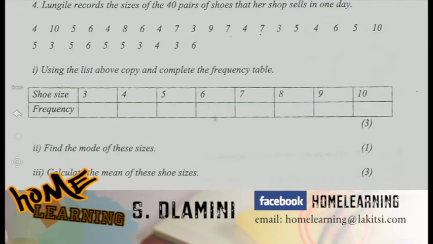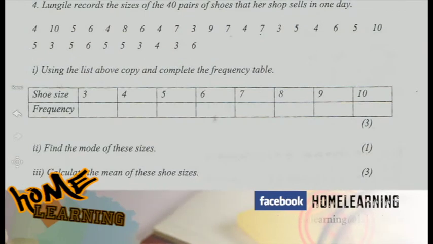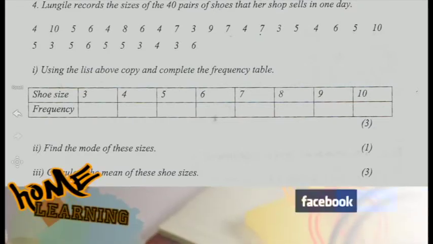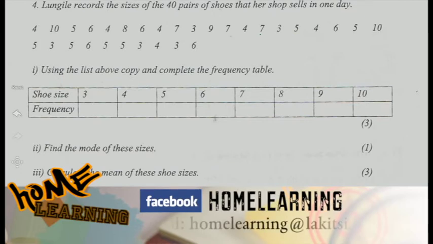Lungile records the sizes of the 40 pairs of shoes that her shop sells in one day. So here we have the shoe sizes. If we want to find the frequency, we must have the tally marks.